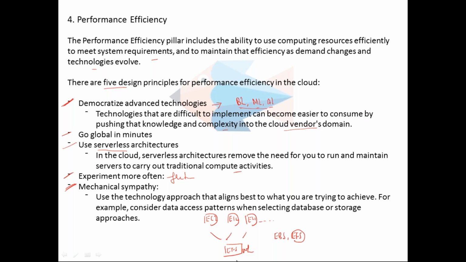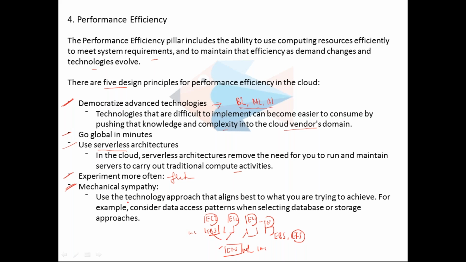But if you are not aware of EFS, what do you think? You might think that you have to have an EBS volume. And if this volume is, for example, 100 GB, you create 100 GB for each EC2 instance and attach that volume to it, which is a wrong way of using the cloud.